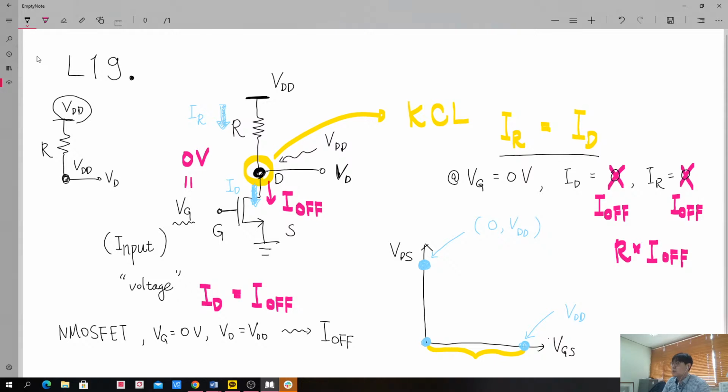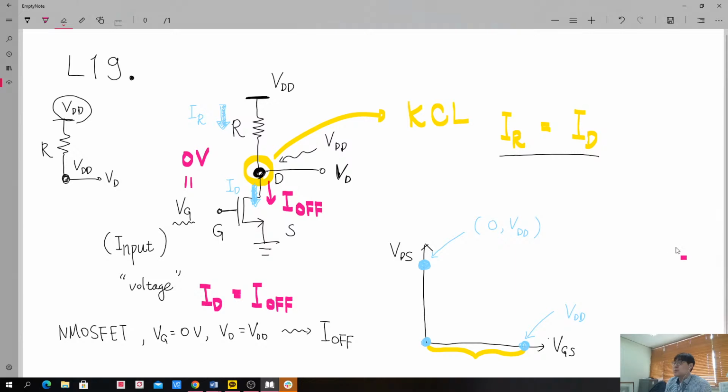So what is this problem? Let me think about it this way. Let's assume that we have applied 0 voltage to our input.